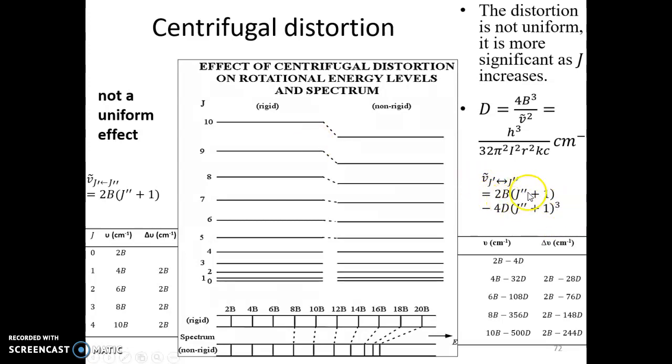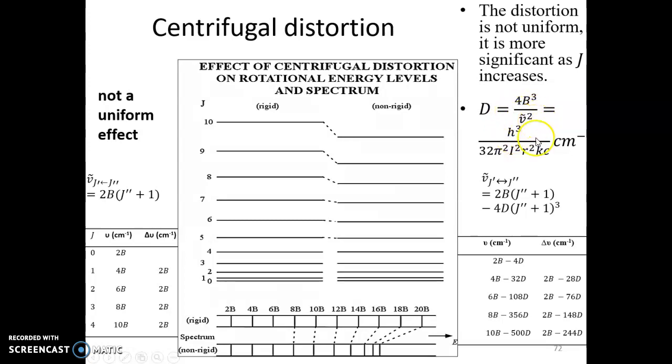So it's 2B(J''+1) minus 4D(J''+1)^3. Now the rotational constants can be calculated from vibration, which we'll talk about in another video. D is given as 4B^3/v. This v is a little confusing, I know.